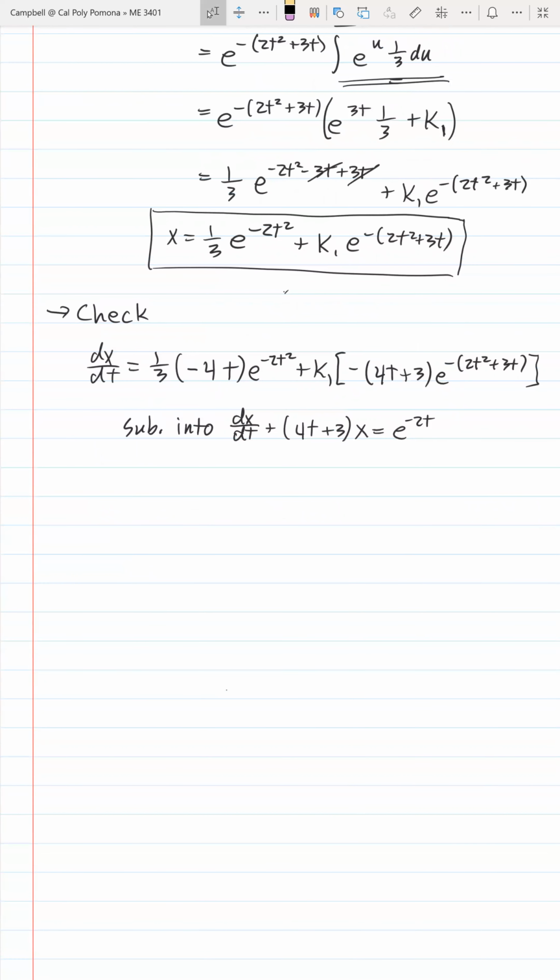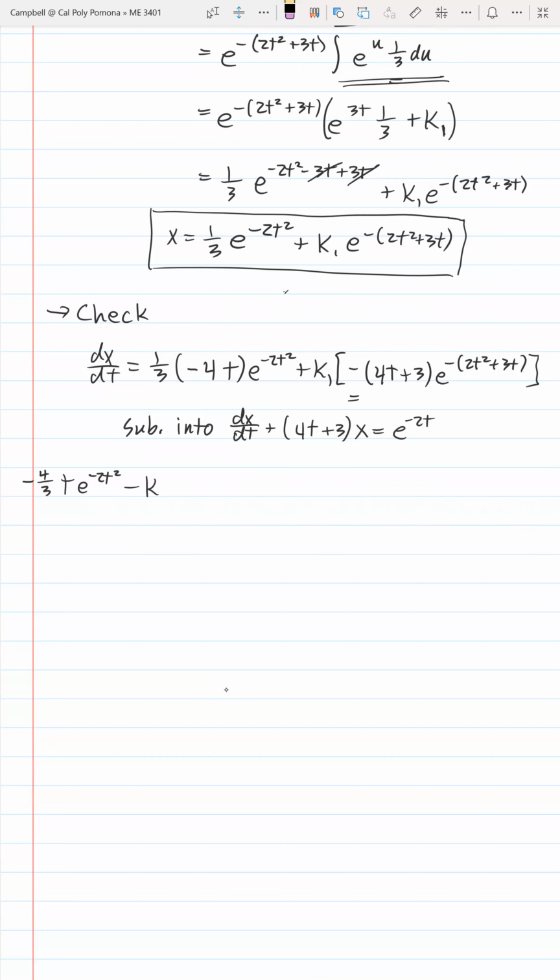So substituting our derivative in, let's just do our negative 4/3. Negative 4/3 t times e to the negative 2t squared, then we have a minus that we're getting from inside, so I can just bring that out.